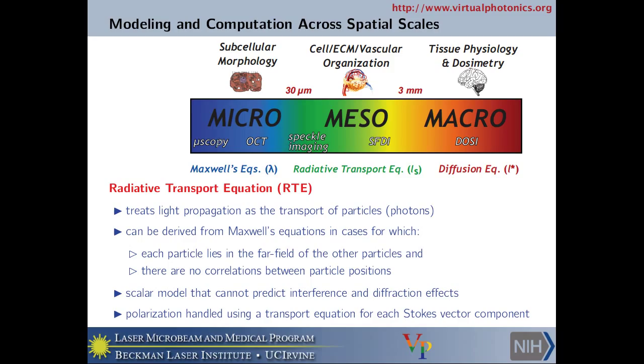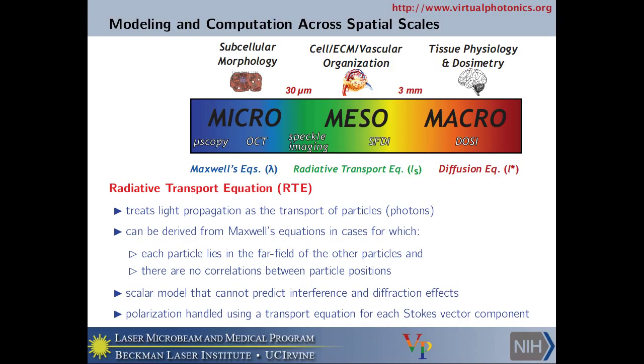So the radiative transport equation doesn't treat light propagation as waves; it really treats the transport of neutral particles. And the radiative transport equation is interesting in that it can be derived from Maxwell's equations with a number of assumptions, not all of which I will list here.